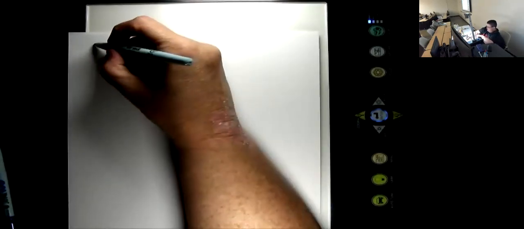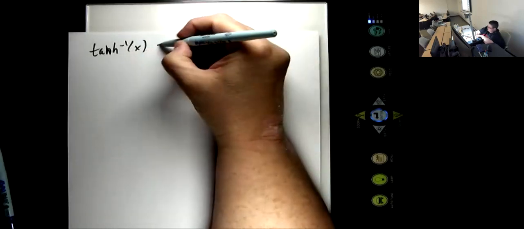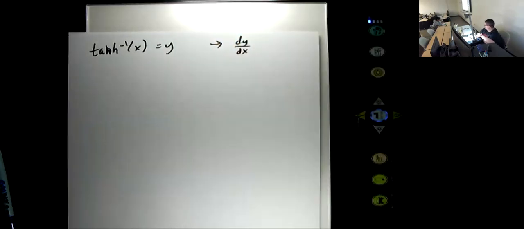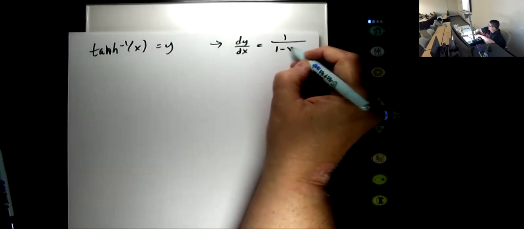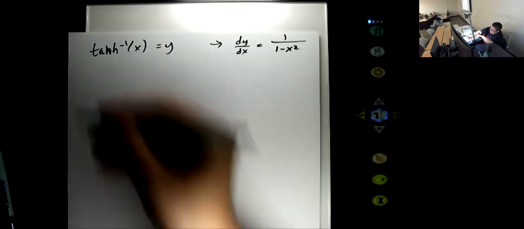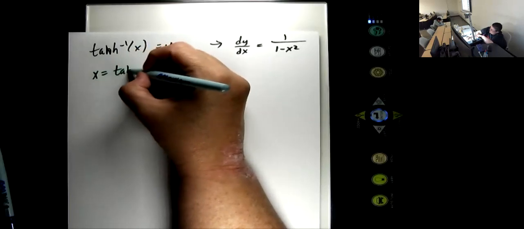Let's take a look at tanh inverse of x equals y, and we want to find dy/dx. And we're going to show that it equals 1 over 1 minus x squared. All right, first thing we'll do is swap them. x equals hyperbolic tangent of y.